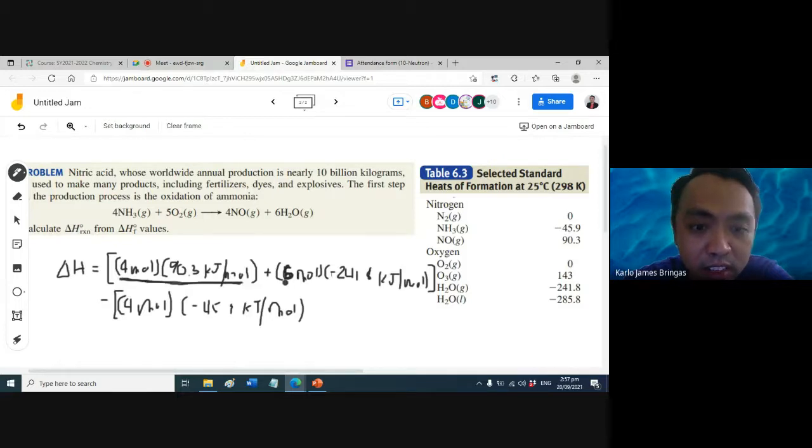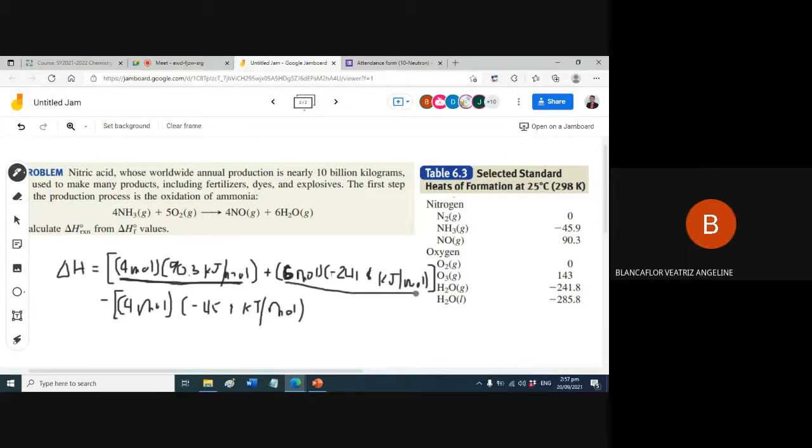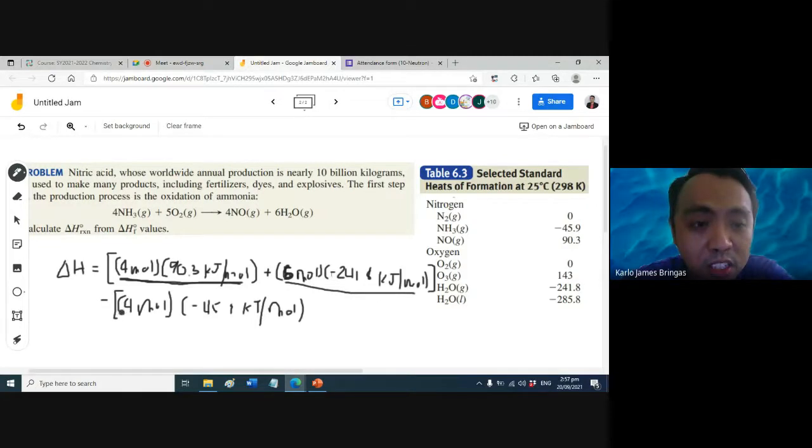And this one is for the water. Okay po, sir. Thank you po. Okay, once you're done writing the products, saka pala natin isusulat si reactants. So here is where your NH3 comes in and the oxygen as well. So kindly please compute for me. So how much will this one be equal to?